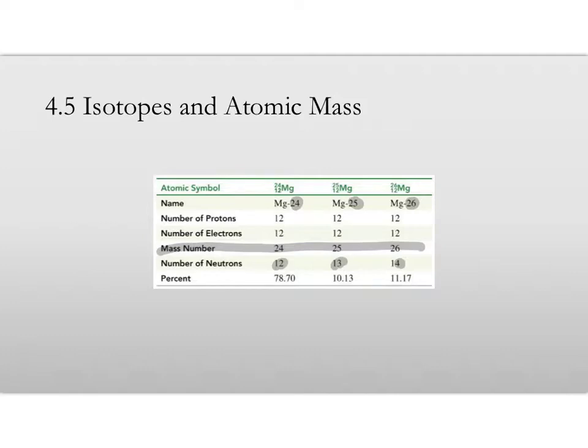The thing at the bottom, the percent, means the abundance of each isotope. So if you had a strip of magnesium, 78.7% of the atoms would be magnesium 24, 10.13% would be magnesium 25, and 11.17% would be magnesium 26.